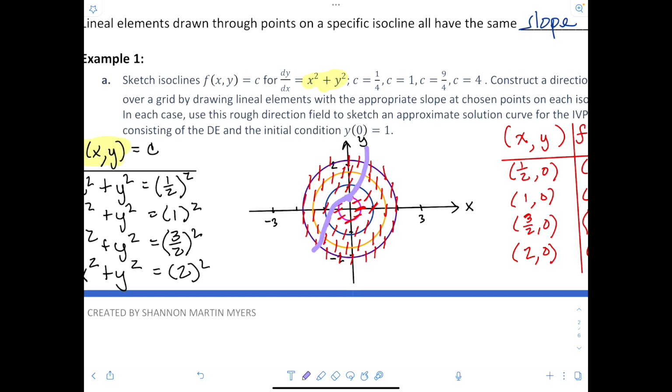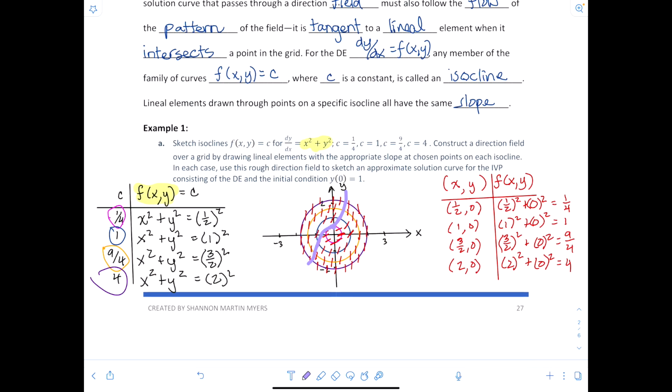Cool, cool? All right, so I don't really like how I did the little tail, so it looks something like that. So that's how you can use a direction field or slope field to estimate a solution curve.